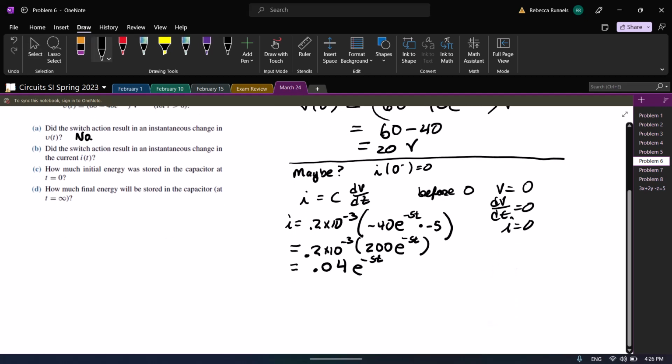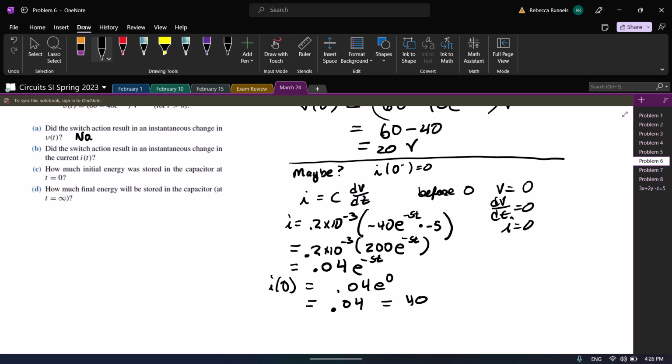And so at 0, I of 0 is 0.04 e to the 0, which is 0.04, which is 40 milliamps, which does not equal 0, which it was before. So did the switch action result in an instantaneous change in the current? And the answer is yes. So for a capacitor, you cannot have instantaneous change in voltage, but you can have instantaneous change in current.